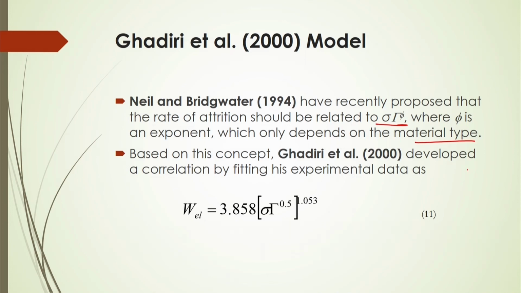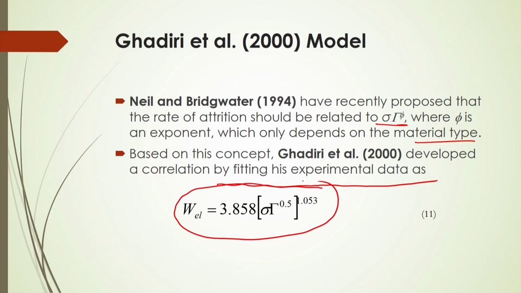developed a correlation by fitting their experimental data, like this: W_el will be equal to 3.858 into (sigma gamma to the power 0.5) to the power 1.053. These exponents and constants they got from their experimental results.